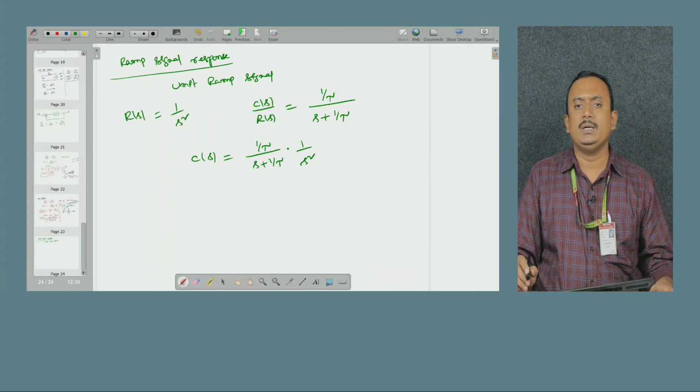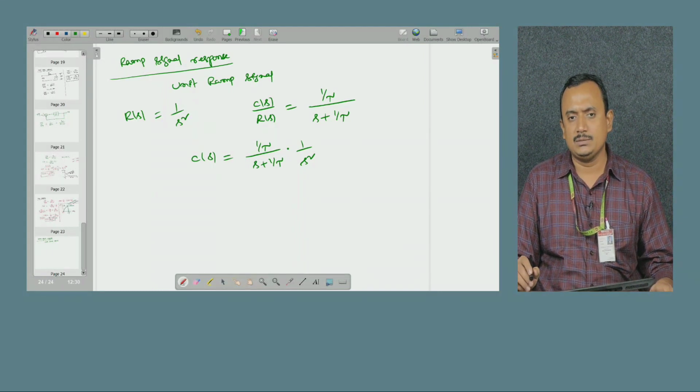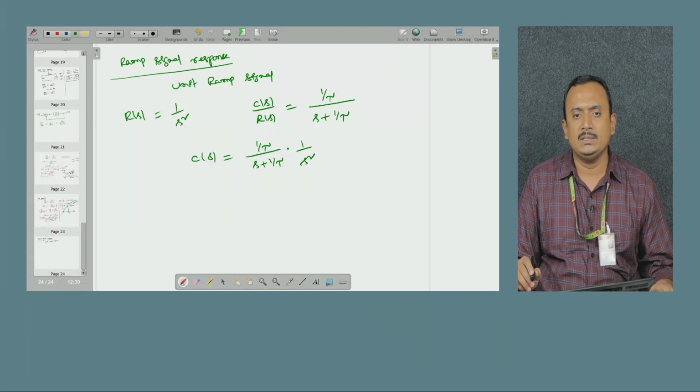Now this also you may write a by s plus b by s square plus c by s plus 1 by tau.